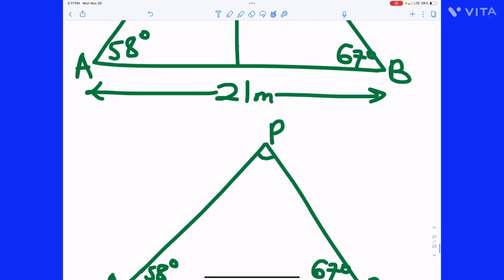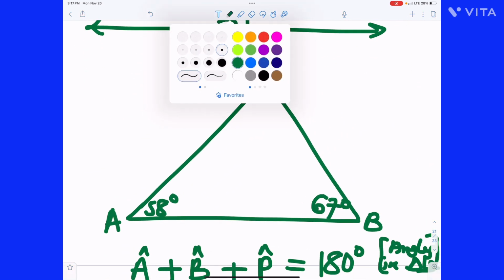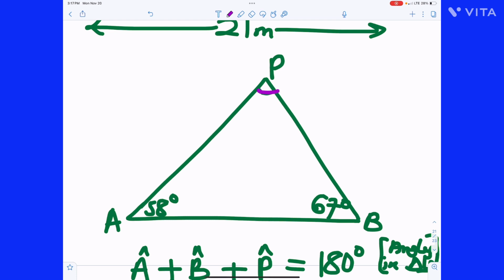So you can label this place now, 55 degrees. They want the length of the wires.